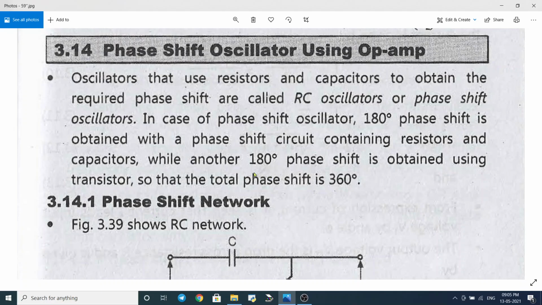And another 180-degree phase shift is obtained using a transistor amplifier. So the total phase shift is 360 degrees. That's why the name phase shift oscillator is given.